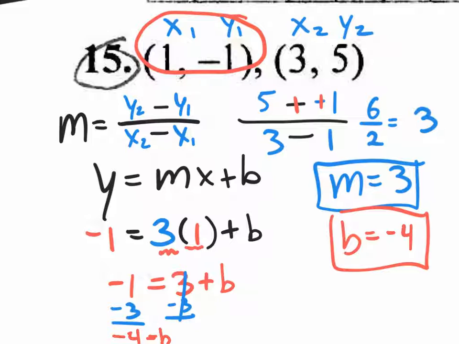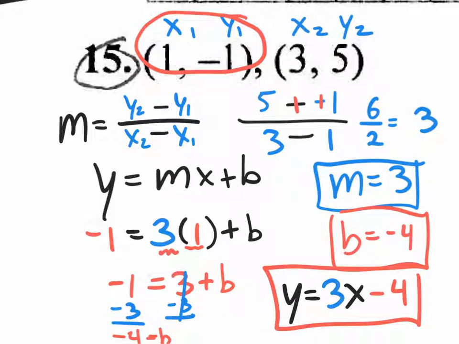So my final slope-intercept form equation, now that I know my slope and my intercept, is going to be y equals what? 3x minus 4. You could put plus negative 4, but negative 4 is nicer. So there's your final answer in slope-intercept form, the equation y equals 3x minus 4.